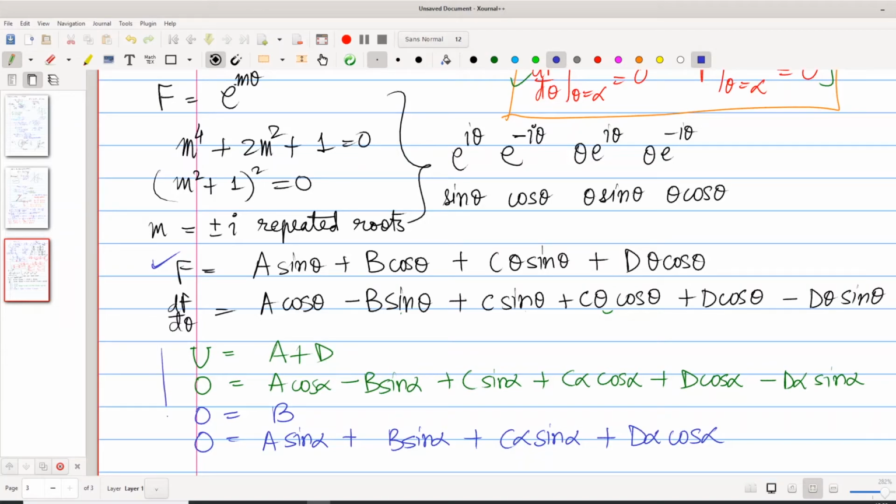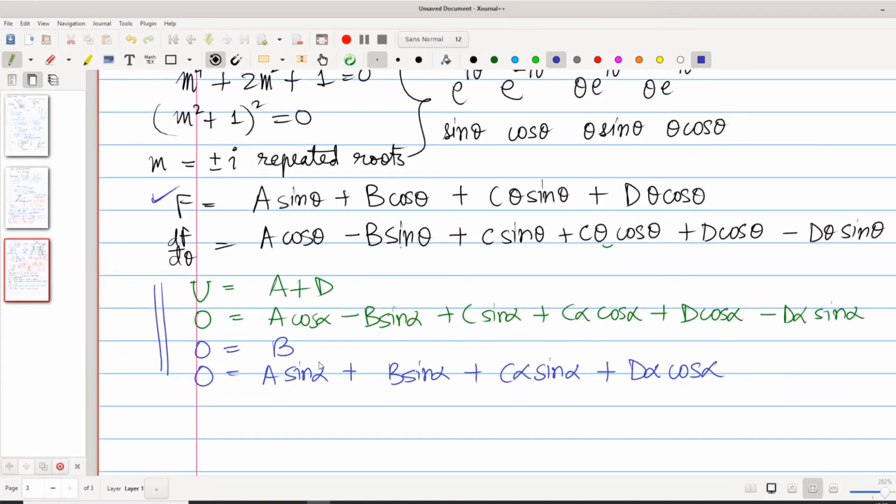So these four equations are to be solved in order to find A, B, C, D. But you already know that B is equal to 0. So if B equals 0, the equation reduces. So this equation reduces to 0 equals A cos alpha plus C sin alpha plus C alpha cos alpha plus D cos alpha minus D alpha sin alpha.